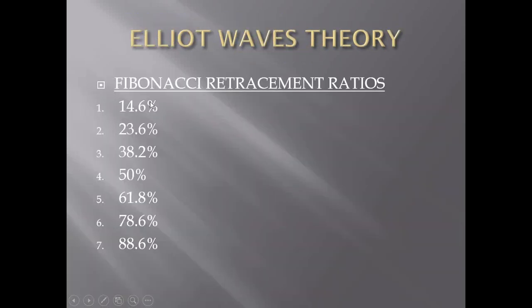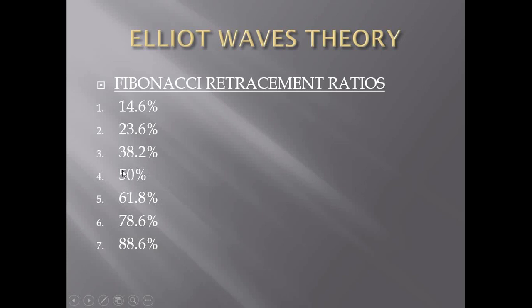These are the common ratios: 14.6%, 23.6%, 38.2%, 50%, 61.8%, 78.6%, and 88.7%. These are the common retracements. However, the most common retracements are 38.2%, 50%, and 61.8%.